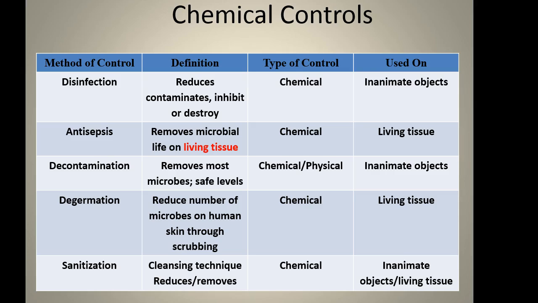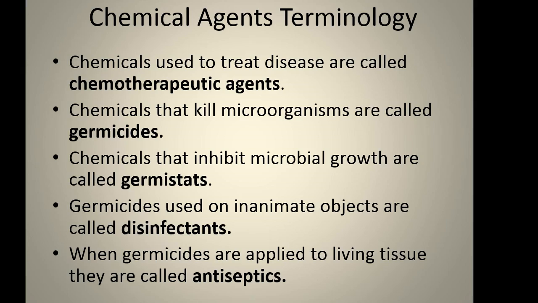It is considered a chemical and physical control, and it's done on inanimate objects. Degermation reduces the number of microbes on the human skin through scrubbing. It's chemical, and it's used on living tissue. Sanitization is a cleansing technique that reduces or removes microbes. It's used on inanimate objects.